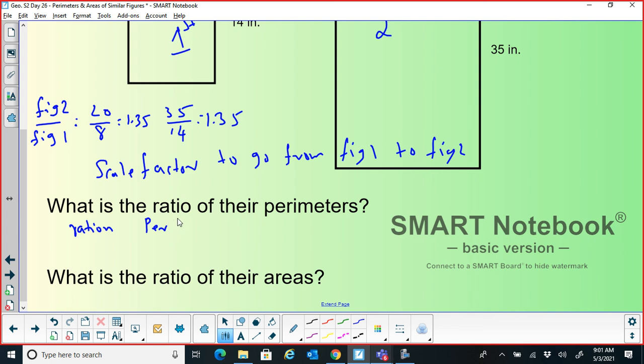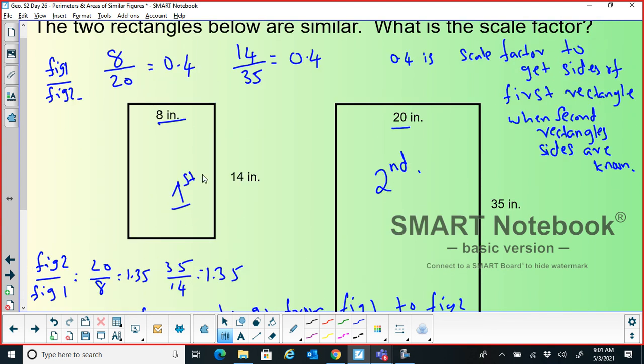The ratio of perimeter of figure 1 divided by perimeter of figure 2. I'm writing in short form, perimeter of figure 1 is to perimeter of figure 2 will be the same as the ratio of the scale factor from figure 1 to figure 2, which was nothing but 0.4.